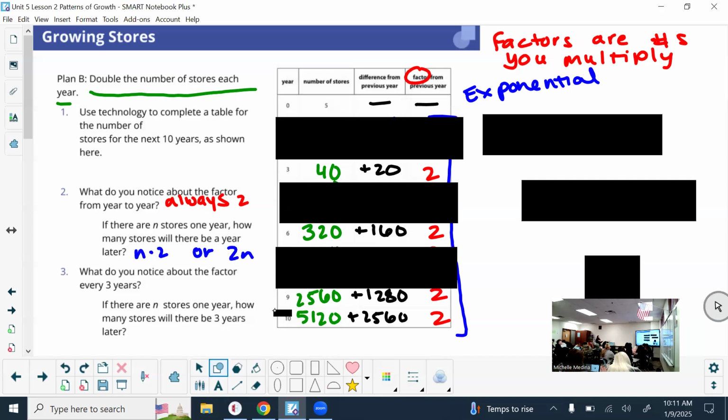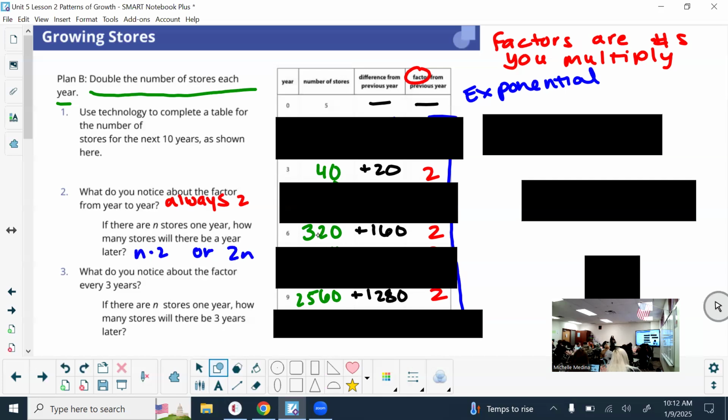So like if I only look at year 3, 6, 9, what could I multiply by 40 to get 320? All right, pay attention, this is super important. What could I multiply by 40 to get 320?